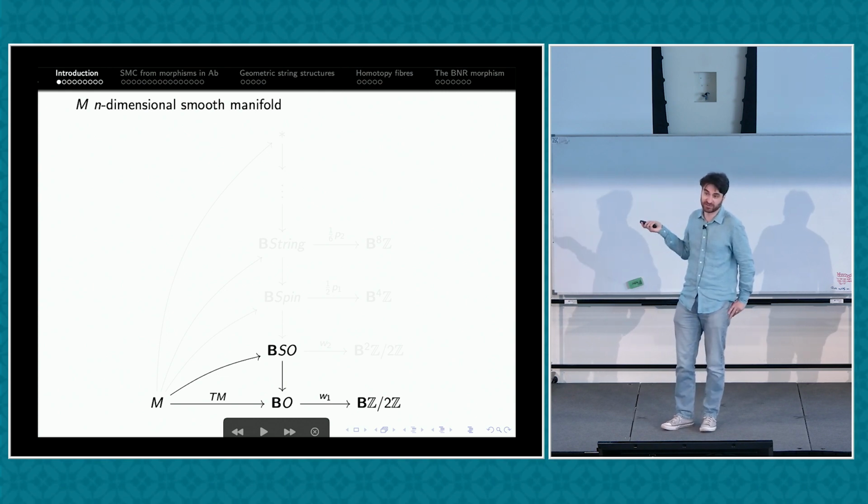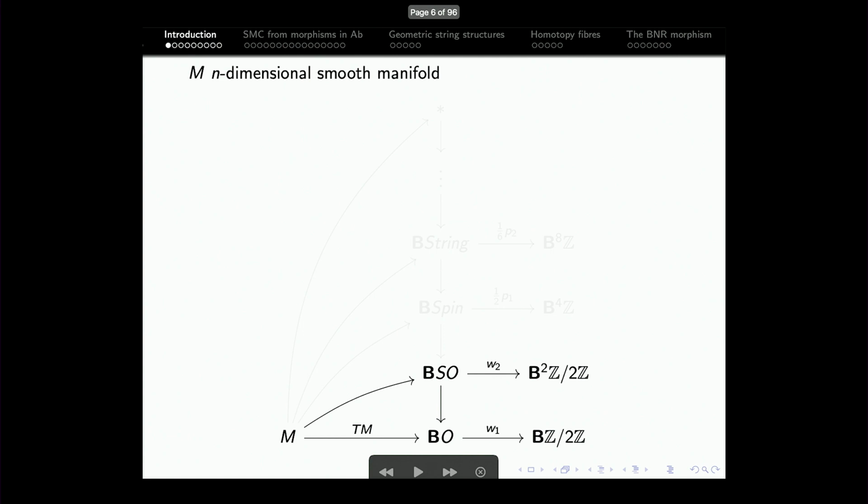Now we meet a second obstruction, the second Stiefel-Whitney class, an obstruction in H^2. So you see the degree of the cohomology class has grown from 1 to 2. Once I have an orientation, I can lift to a spin structure if W2 vanishes, and now the game continues.